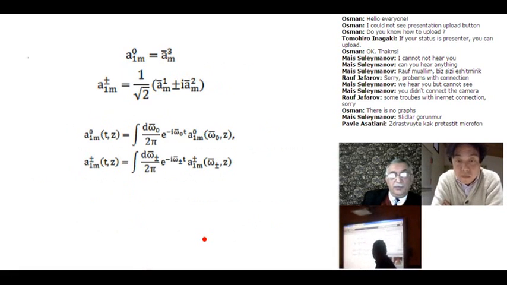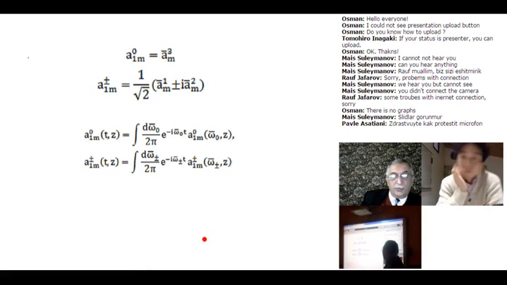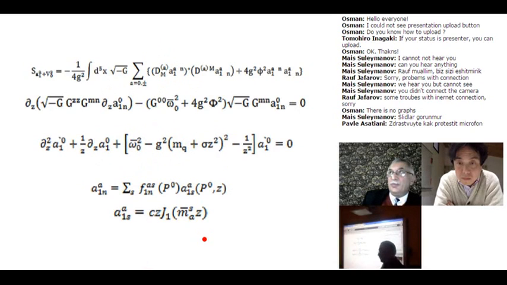Next slide. So we compose in such a way the complex components of the vector field, the axial vector field, and the scalar components. Next slide.